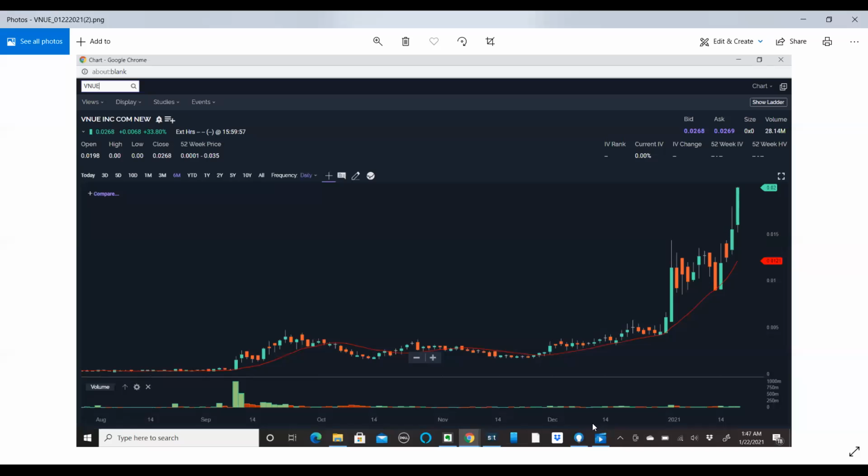So for VNUE, it has spiked for 4 days. So I do consider this stock to be overextended. So my thesis will be formulated around trying to anticipate that if on the next day, the 5th trading day, VNUE has a pullback or a morning panic, I'll seek to dip buy it.